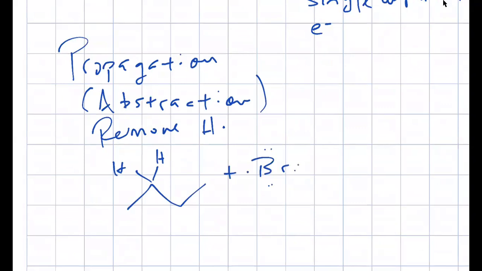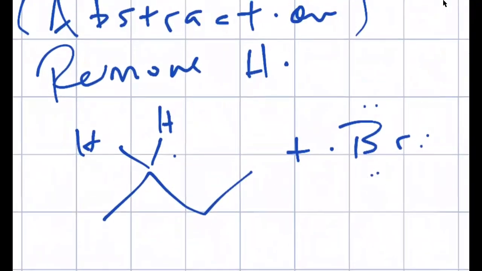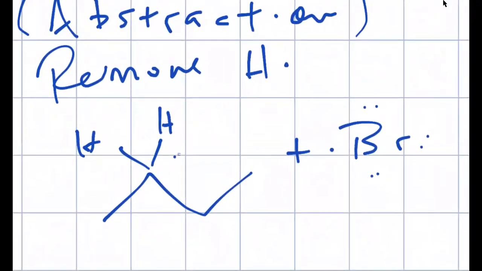Now, the reason I'm doing this is to show you the different arrows. So here I'm going to cut this bond homolytically. What that means is that both atoms in that bond, the C and the H, are going to get 1 electron each. So I'm going to cut it like that. Boom, and then boom.